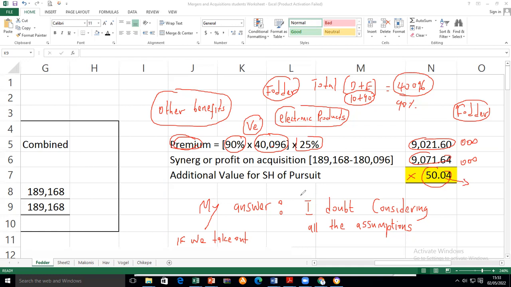So this is not the only answer. The other people are saying yes, especially if we renegotiate the premium and look at other benefits, like the complex electronic products. This may still be acceptable to Pursuit shareholders. Excellent, well done, guys.